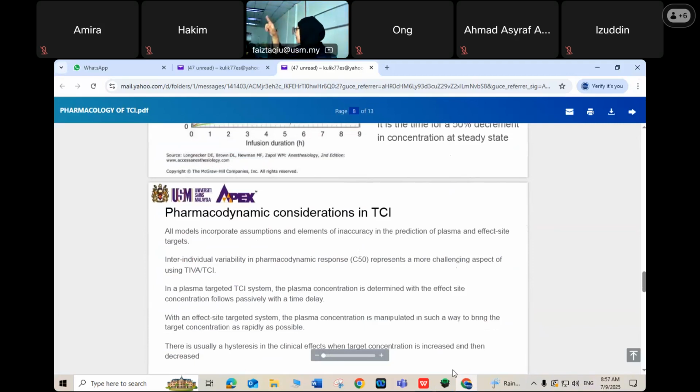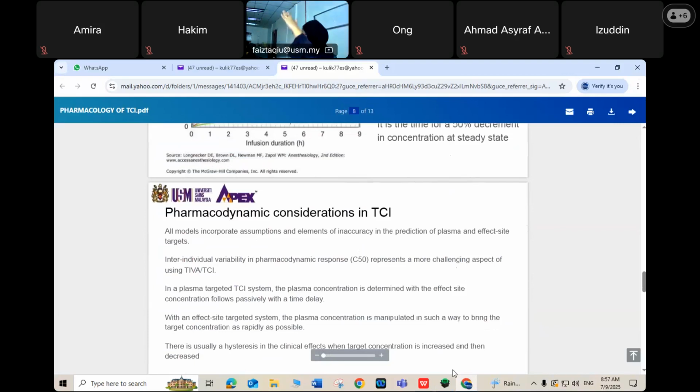What is that? What do you call that? Steady state. Huh? Bukan steady state, not steady state. What do you call that? C50. That is the concentration where 50% of the people exhibit the desired effect.